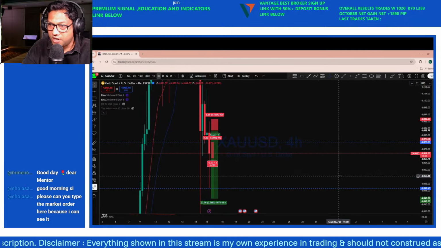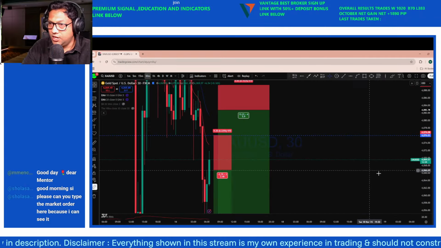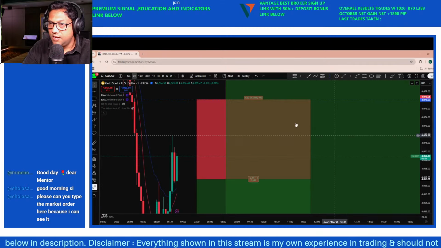Now the 4-hour market structure, you can see the earlier candlestick pattern opened with a stronger bearish move that we have seen.